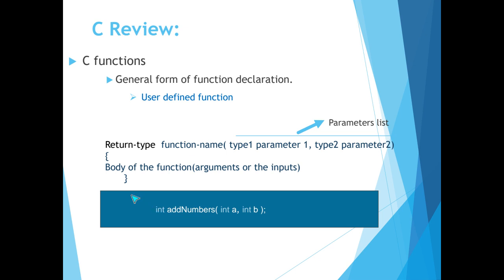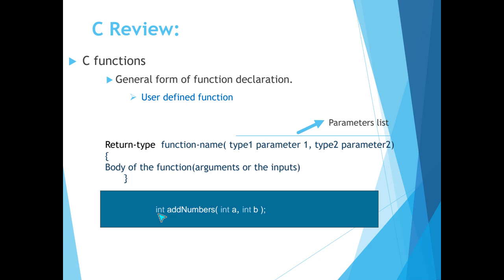As you see, the function type, the return type, is int. Int is related to which kind of variables? We said that there are different types of variables related to their length and volume.